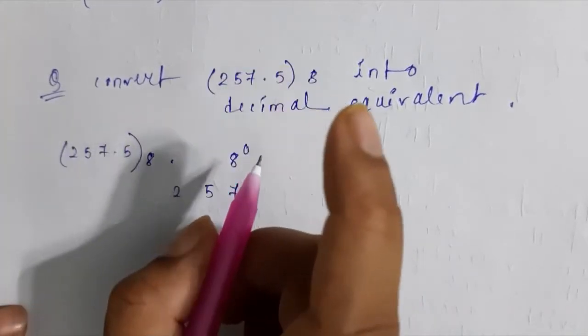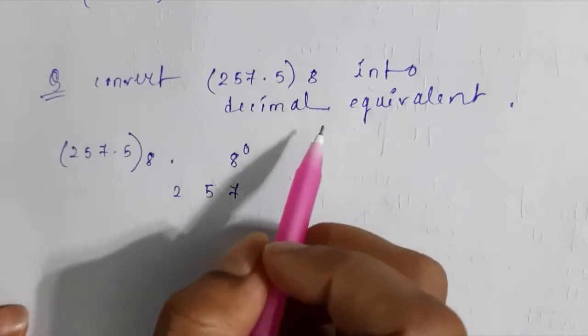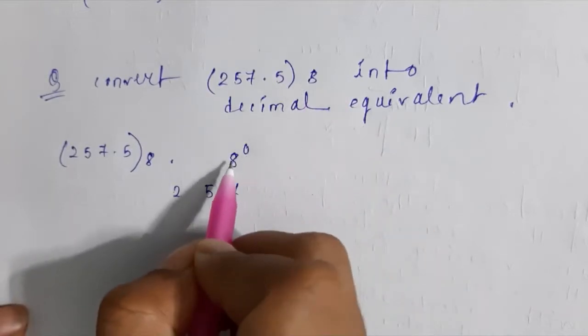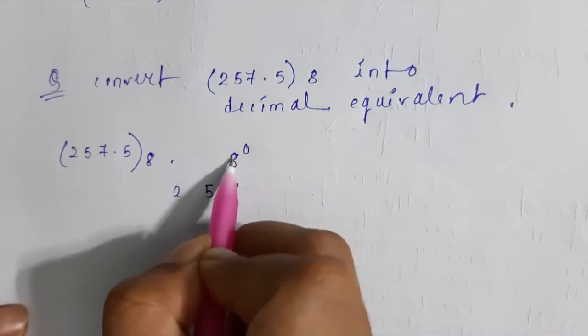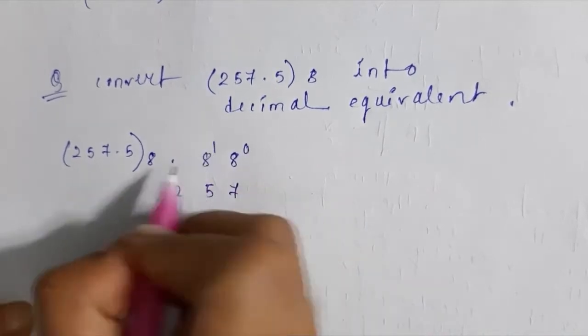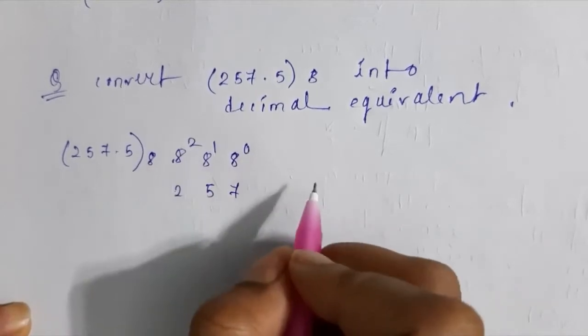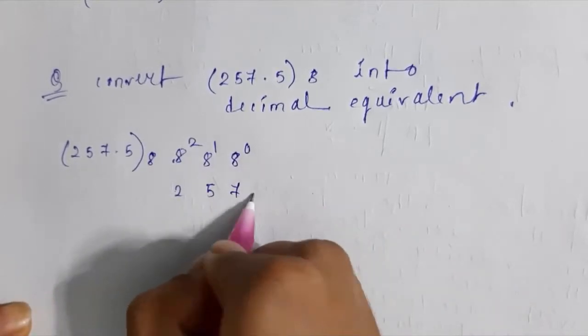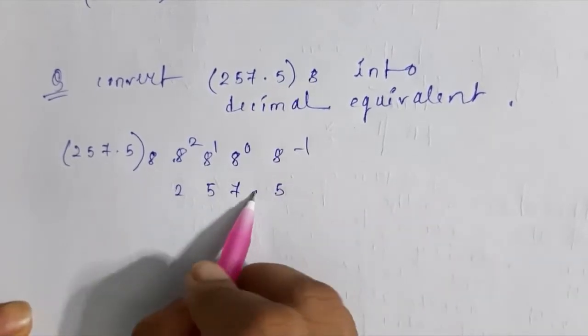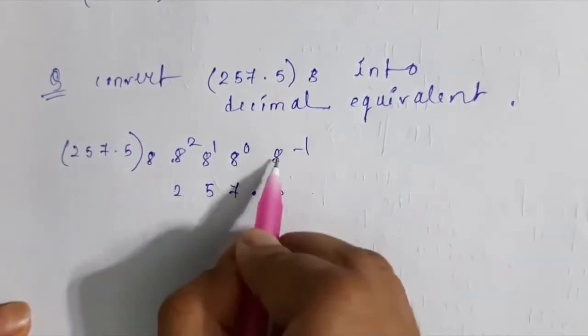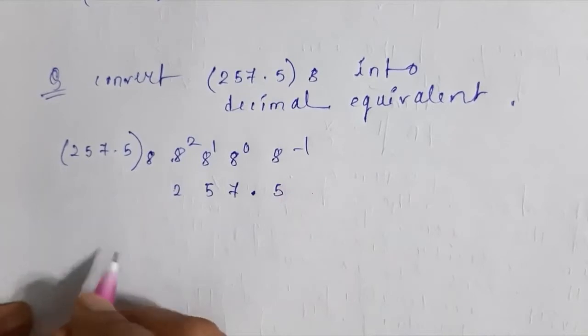When we were doing binary to decimal conversion, we were taking 2 to the power 0, 2 to the power 1. So over here we will take 8 to the power 0, 8 to the power 1 and 8 to the power 2. After the point, the 5 will be 8 to the power minus 1.